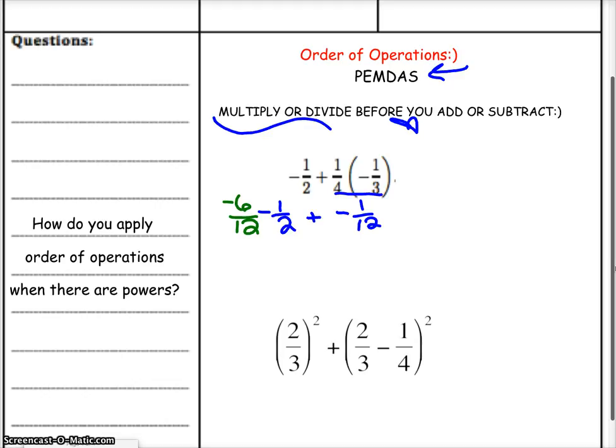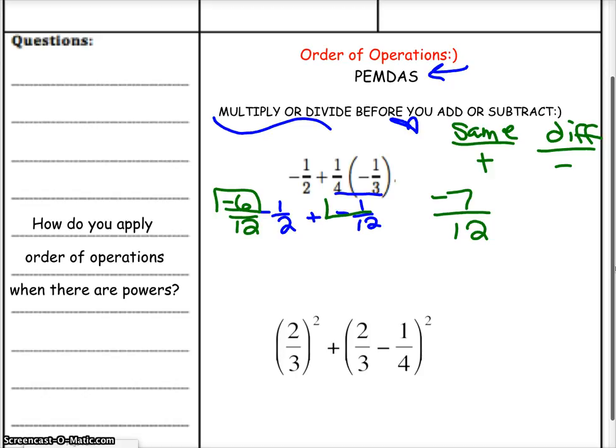So I add them, make it negative, all over the common D of 12. And remember, if they're the same sign, you add. If they're different signs, you'll subtract. So they were the same sign, negative 6 and negative 1, so I added them and made it negative.